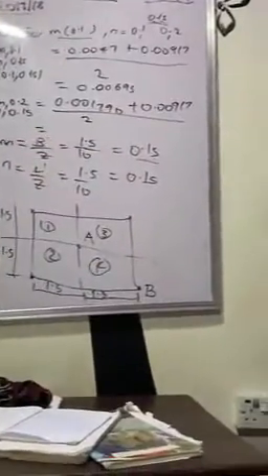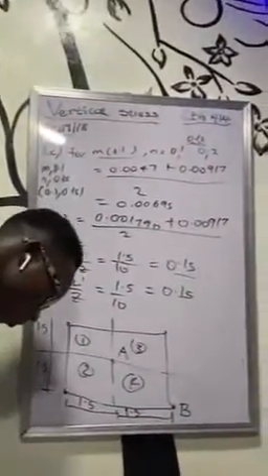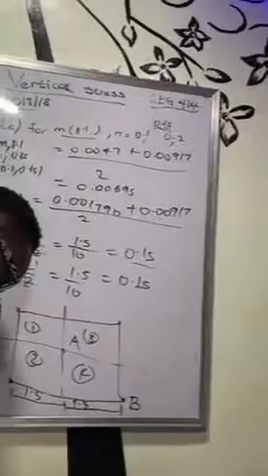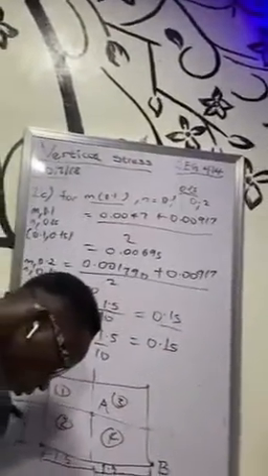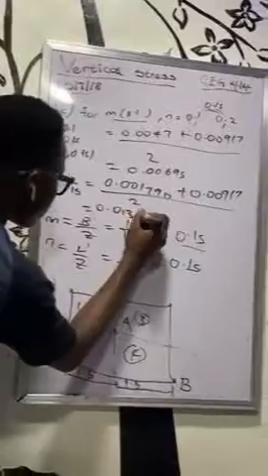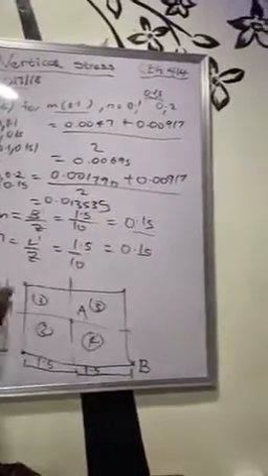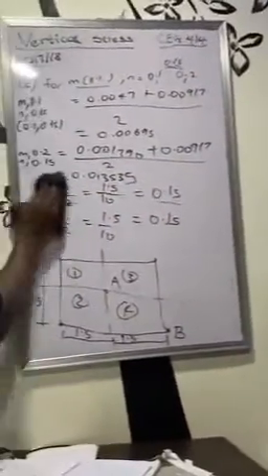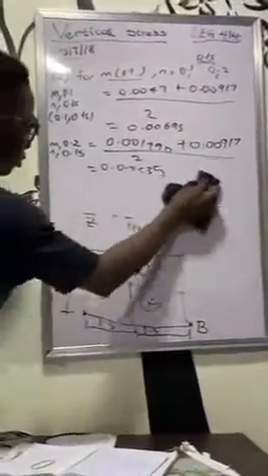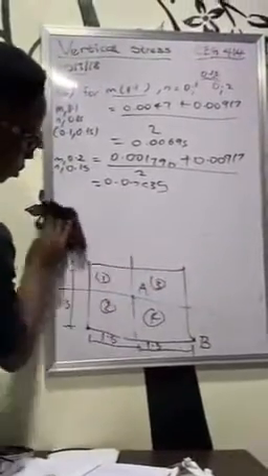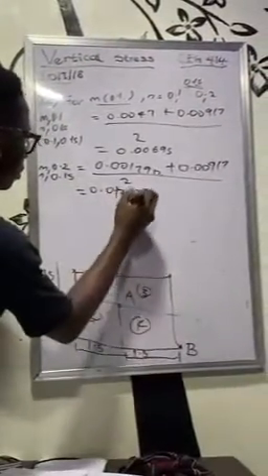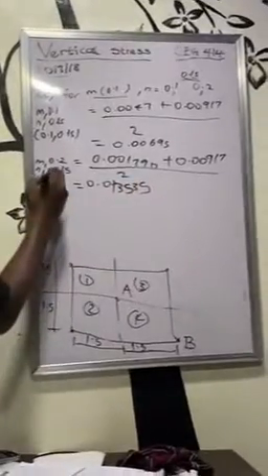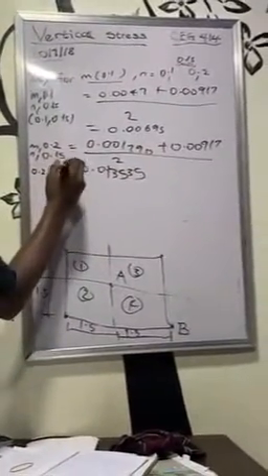So this will give me about 0.01355. So now this is at 0.2, 0.15.